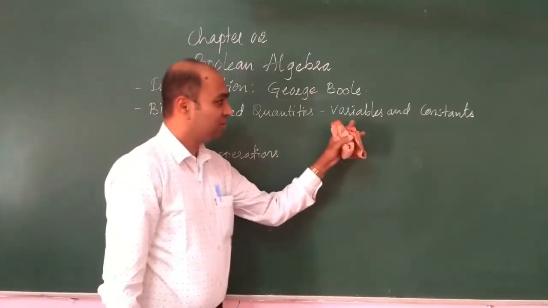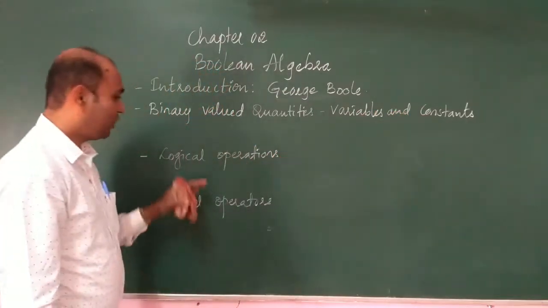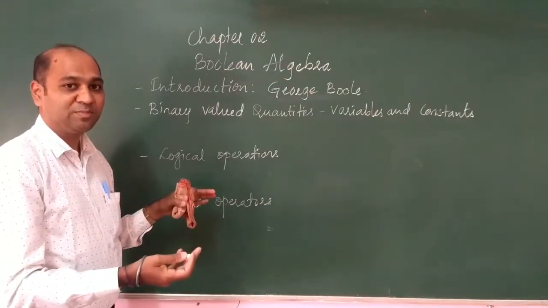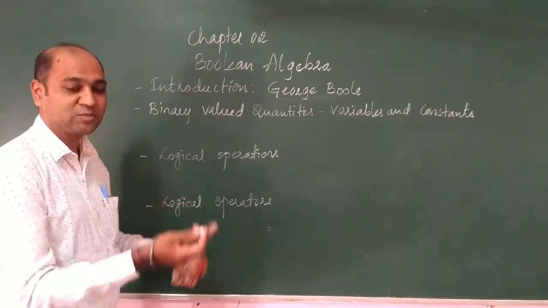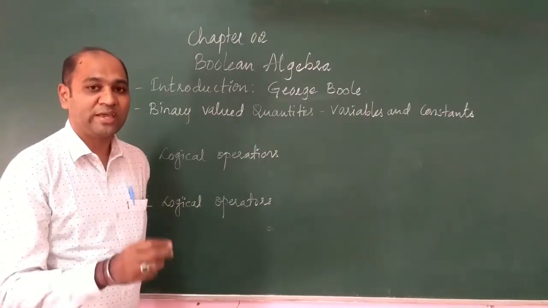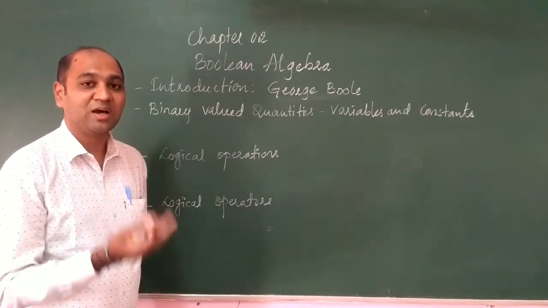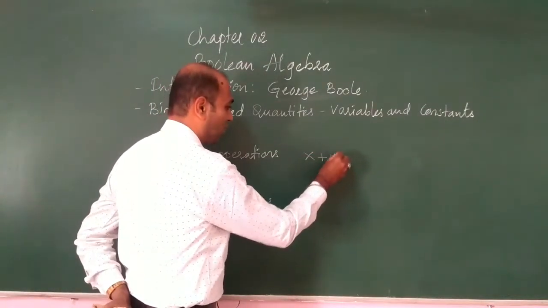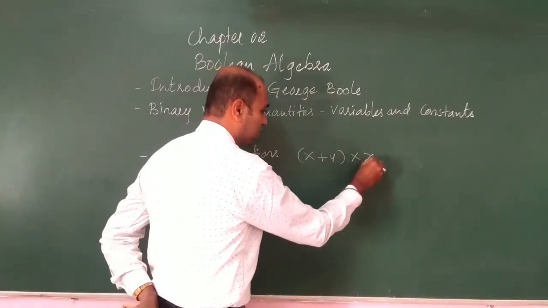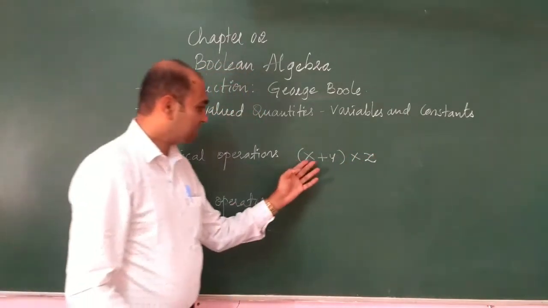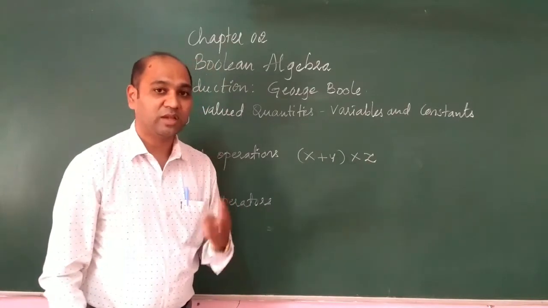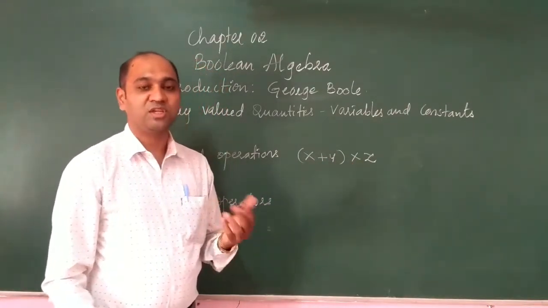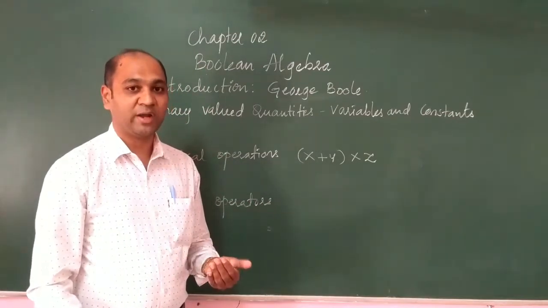Let us continue with the next one, that is logical operations. So just now we have seen variables and constants. We will be able to generate certain Boolean algebraic expressions. An algebraic expression consists of variables and some basic arithmetic operators. For example, I will write x plus y and into z. Here x, y and z are the three variables. Here plus and multiplication, both of these are arithmetic operators.